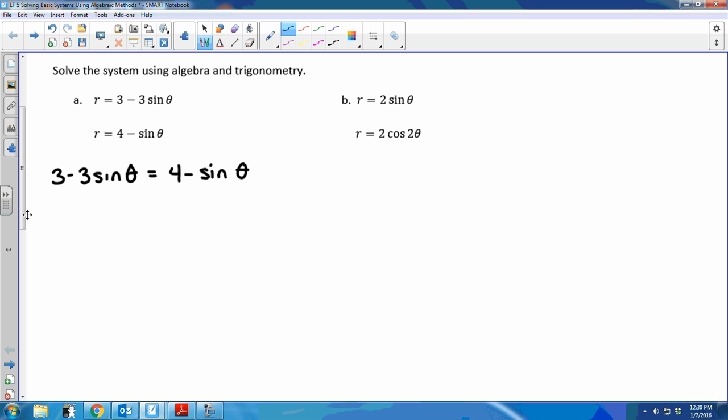We're not verifying anything, so you can move stuff to either side. It's all good. So we're going to subtract. You don't have to do it this way, but I'm going to subtract 4 from each side. And then I'm going to add 3 sine theta to each side.